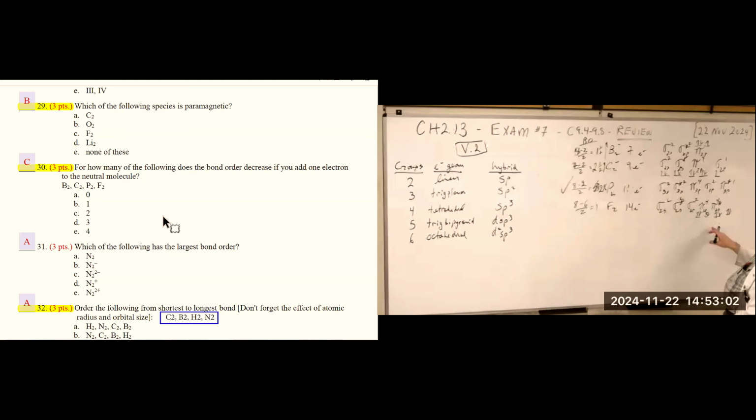Let's see. Sigma star, that's the next one up. Yeah, okay. So now this is going to be 15, only it's here. 7, 1, and 6 is 7. Yeah. Okay, so that makes it a half. Right. Those two. So two of them went down by adding an electron.